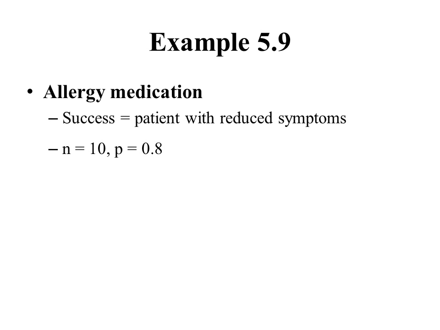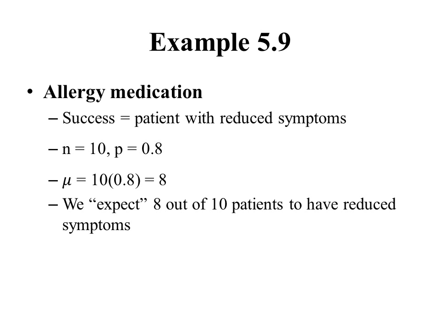So as an example, let's go back to this allergy medication, where a success was a patient with reduced symptoms. We had 10 trials, probability of 0.8. And so if we calculate mu, 10 times 0.8 is 8. And so this means that we expect 8 out of 10 patients to have reduced symptoms. Doesn't mean that we will get exactly 8. It's just a theoretical number.